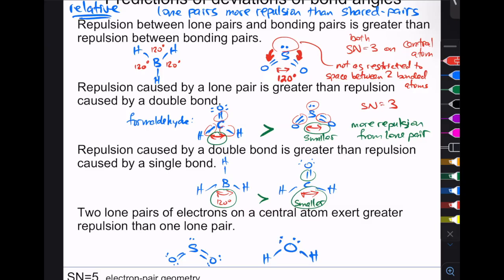First of all, let's look at the steric number here. Now the steric number is going to be different. What's the steric number on sulfur dioxide? 3. What is it on water? It's 4. But what's the molecular shape of both of these? They're both bent.